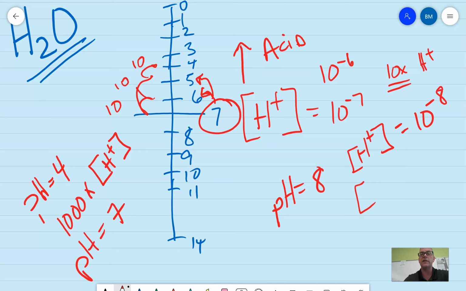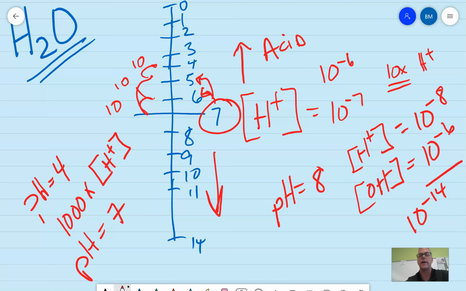So my hydroxide ion, in this case, would be 10 to the negative 6th. So the sum of those things will give me my 10 to the negative 14th. As we move into the more basic range, even though this number increases, the hydrogen ion concentration is actually getting smaller because that's a power of 10 and it's a negative. So let's look at one more.